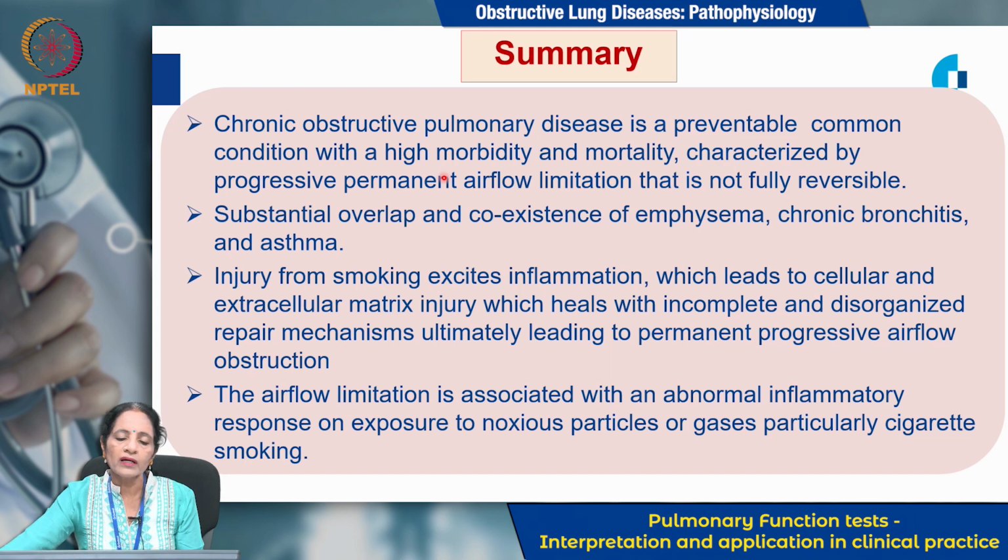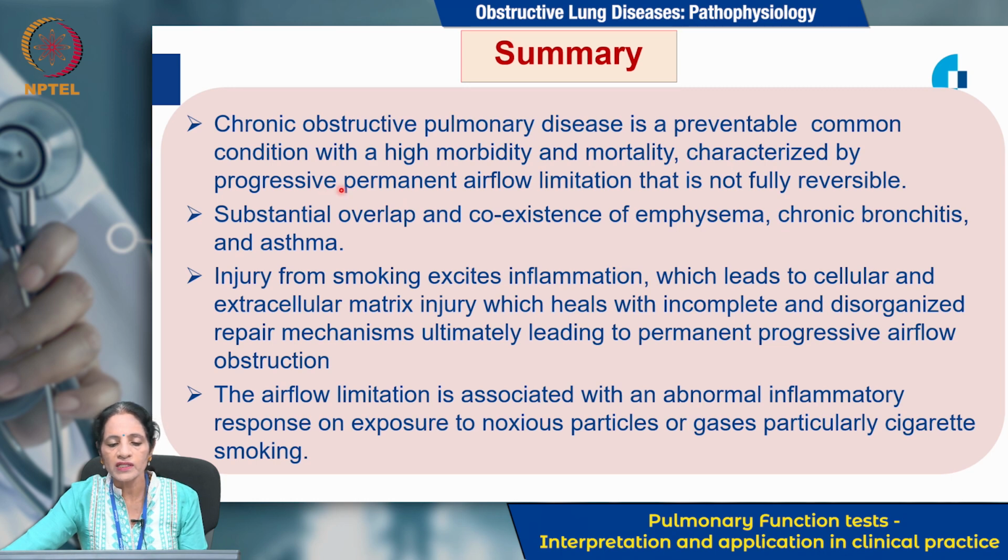So, in summary, coming to the pathogenesis of chronic obstructive pulmonary disease, that is COPD, it is a preventable common condition with a high morbidity and mortality, characterized by progressive permanent airflow limitation that is not fully reversible. This is very important.